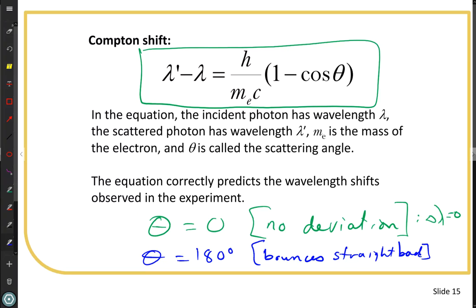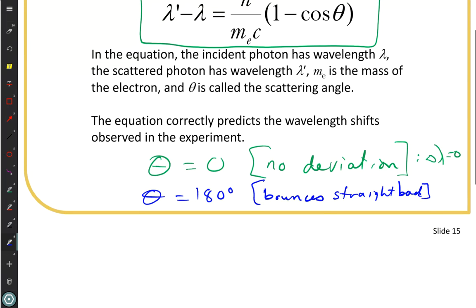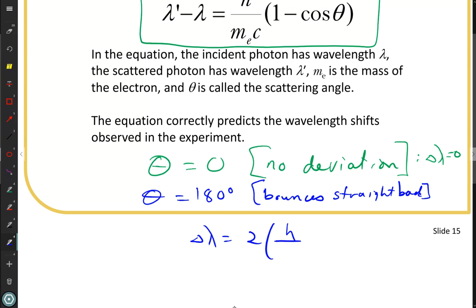If it bounces straight back, then what's cosine of 180 degrees? Minus 1. And to be clear, what's cosine of minus 180 degrees? Also negative 1. 1 minus a negative 1 is 2. And so you have delta lambda equal to 2 times h over m_e c.